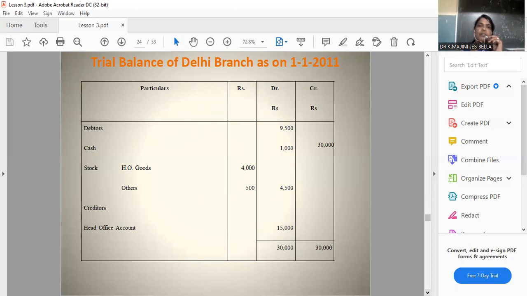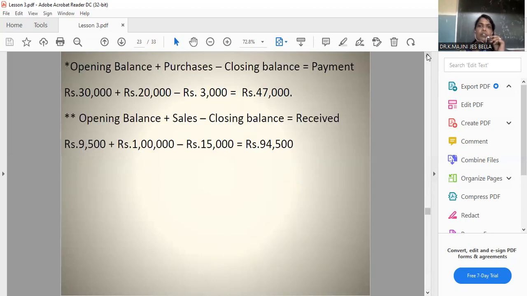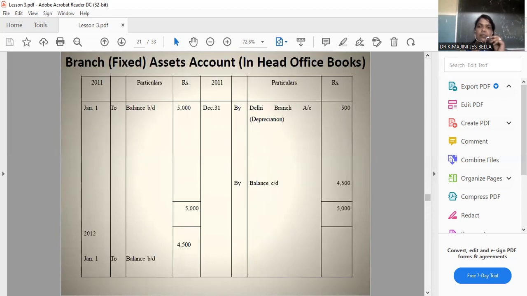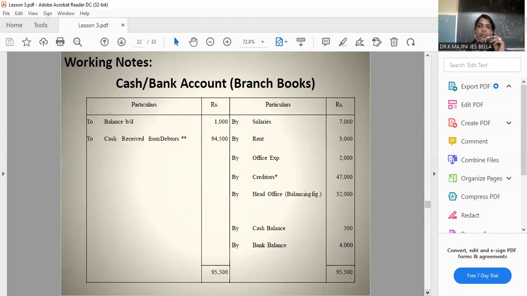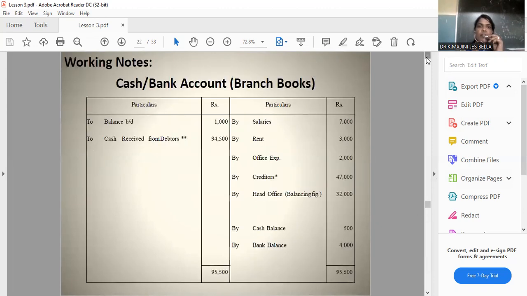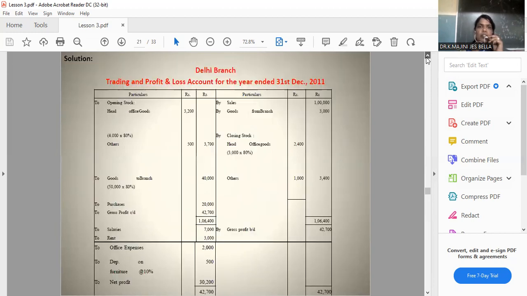Then cash. Cash how much? See the question. 1,000 rupees, right?